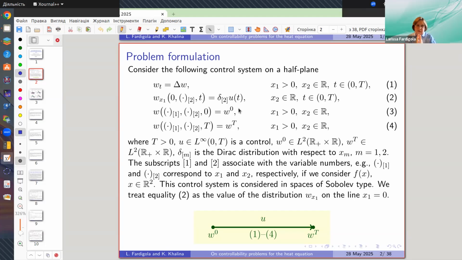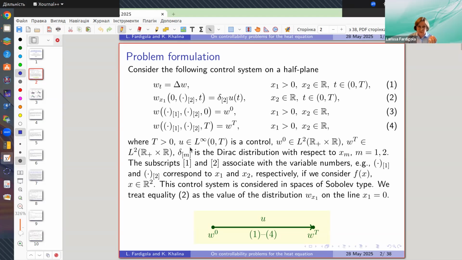If we take a look at this problem, it seems to be overdetermined, because we have the end condition, but we also have a parameter u.